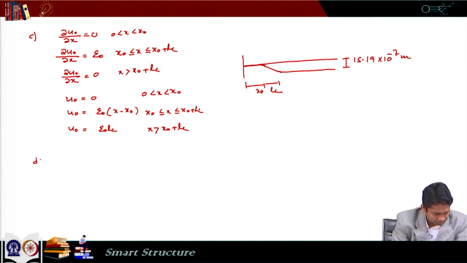Now, in the last part of the problem, it says that the two piezoelectric patches are replaced by a PVDF at both top and bottom, and that makes the configuration symmetric.